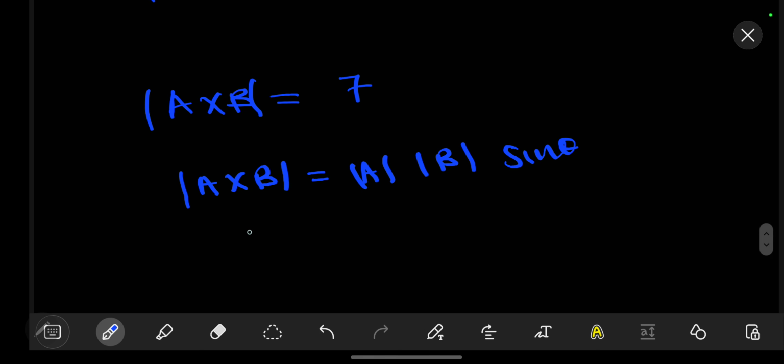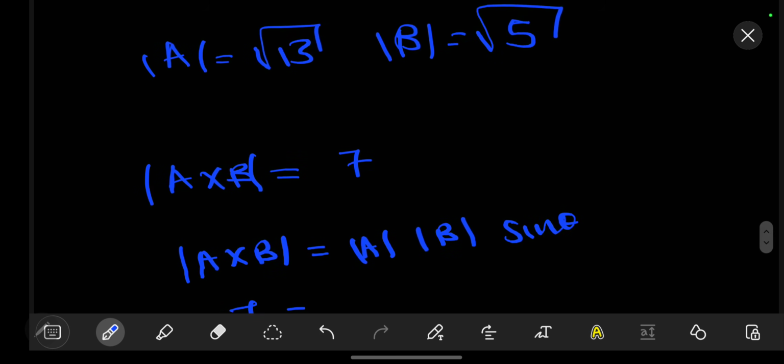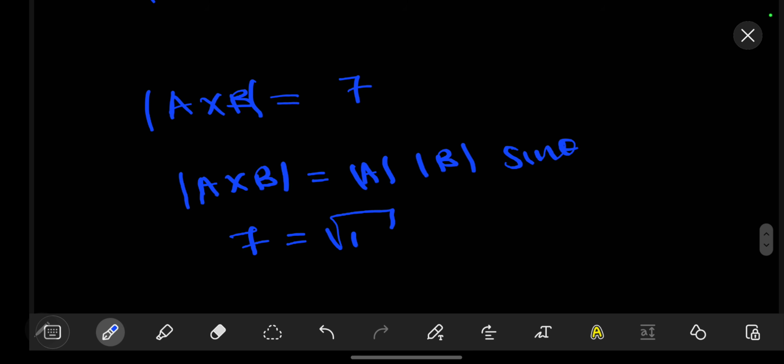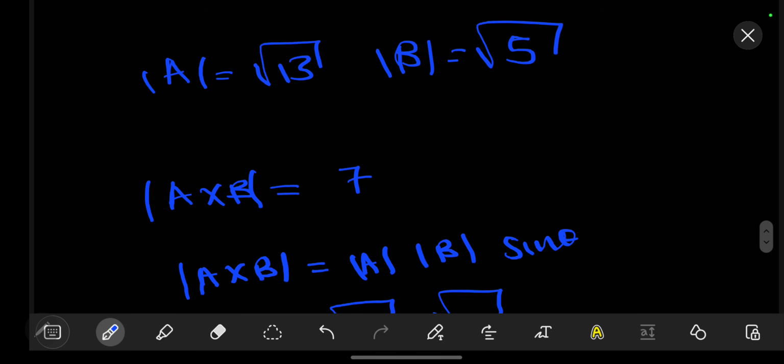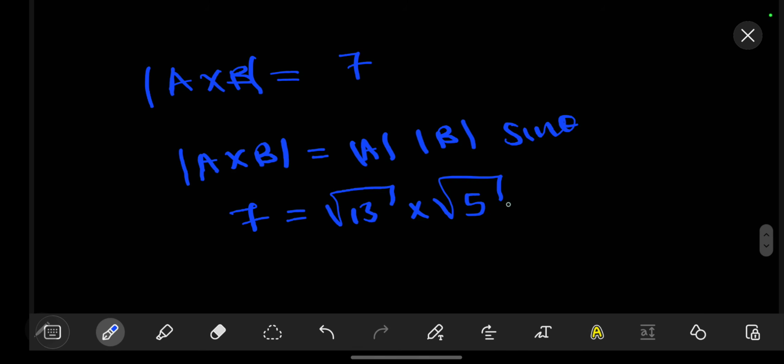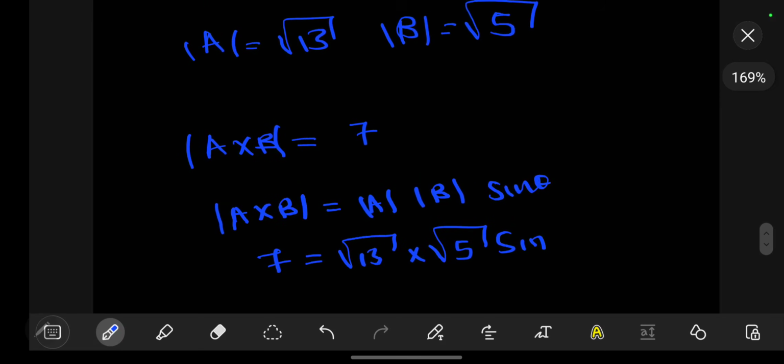So 7 is equal to the square root of 13 times the square root of 5 times the sine of theta.